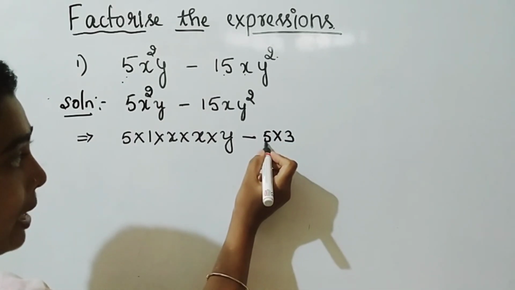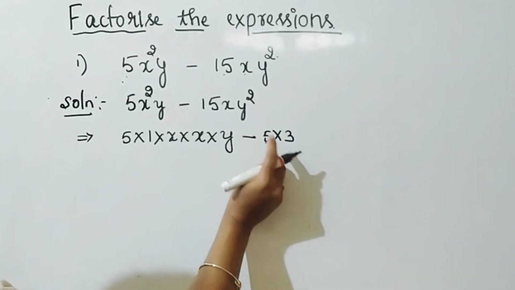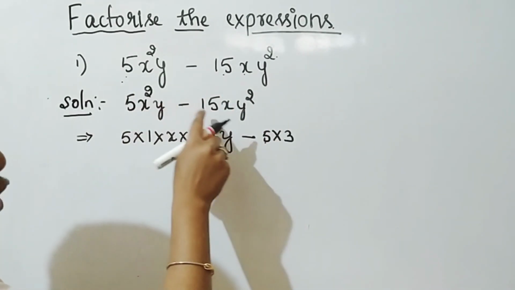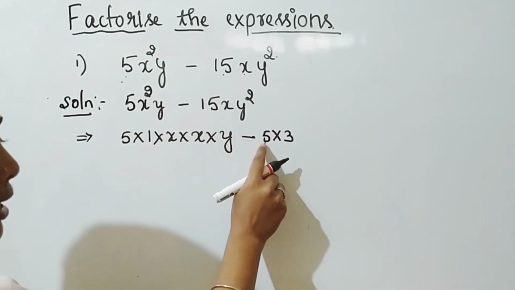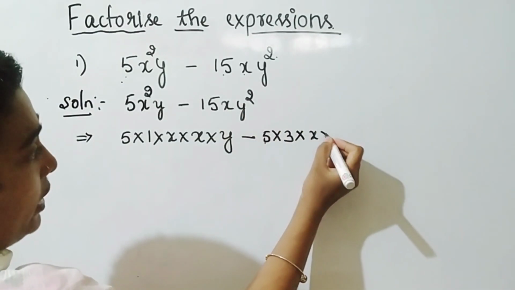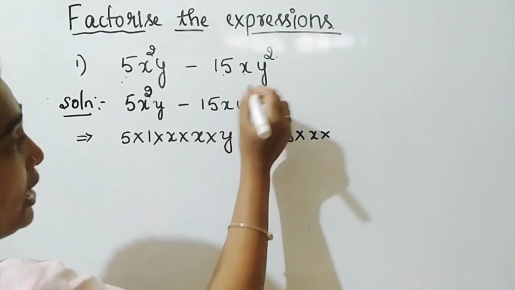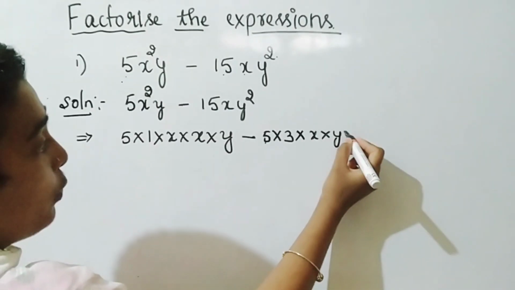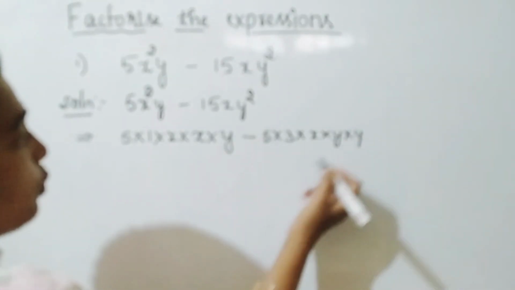Why 5 only, ma'am? Why not another number? See here, 5 ones are 5, 5 threes are 15. I can get a common number 5, so I have taken 5 here into x into y square. Y square means the number has to be multiplied twice, the other variable y into y.